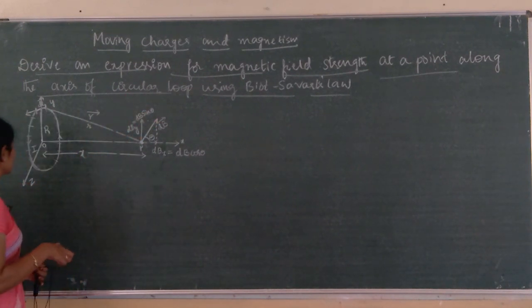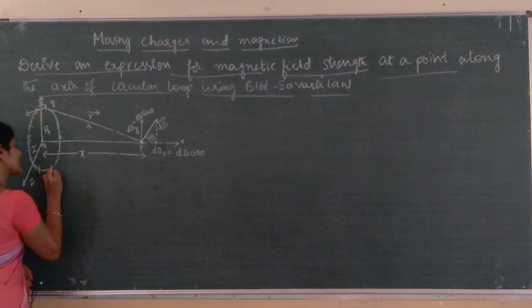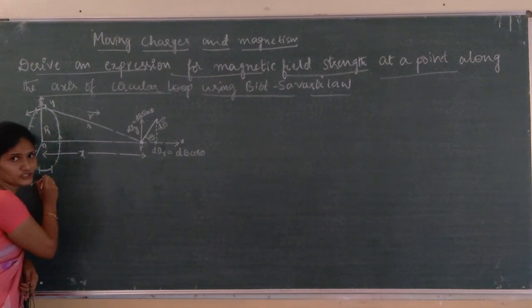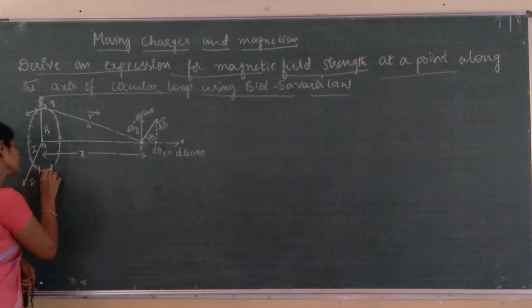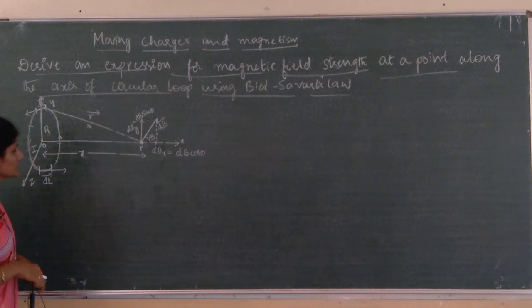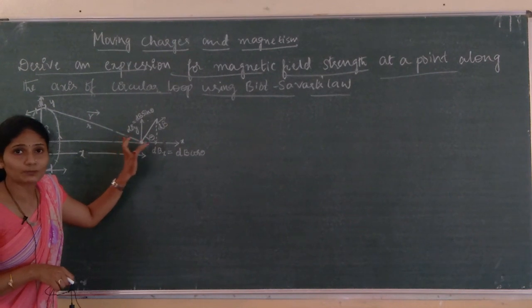Now I will consider another line element which is exactly opposite to dl, or diametrically opposite. So this is dl. The direction of this line element is like this, which is diametrically opposite to this one. So due to this line element, what is the strength of the magnetic field at the point P?